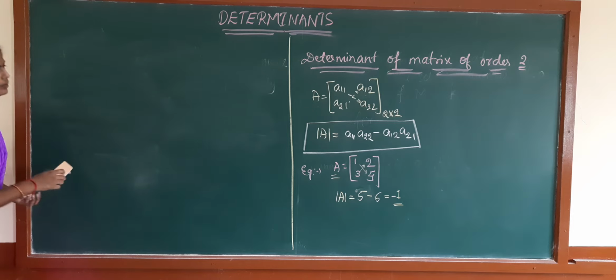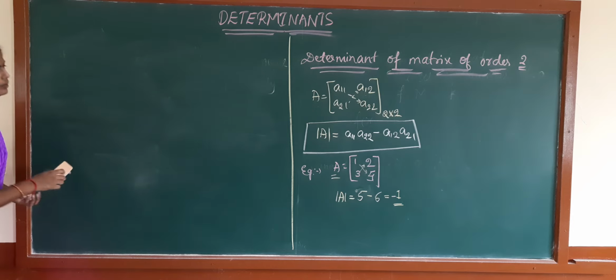Now we are considering the first row. Next we consider the element A12. So plus of minus 1 raised to i plus j, that is 1 plus 2. Next we write A12 as it is.